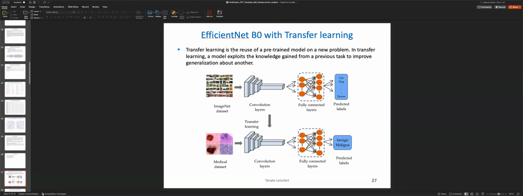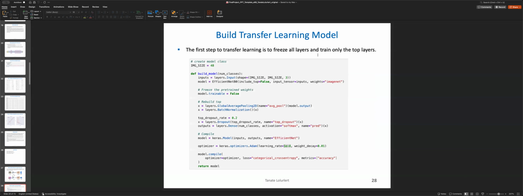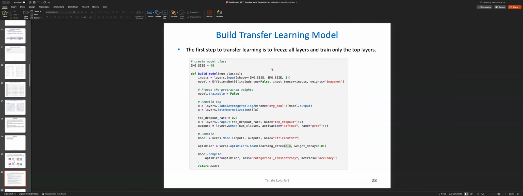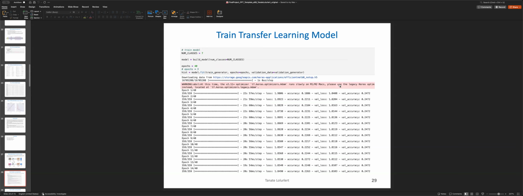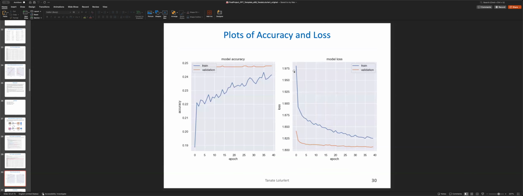Next we use transfer learning. In transfer learning, we reuse the pre-trained model, so we can save some resources. This is how I build the transfer learning model. I use the weights from ImageNet, and I train for 40 epochs. This is a graph.